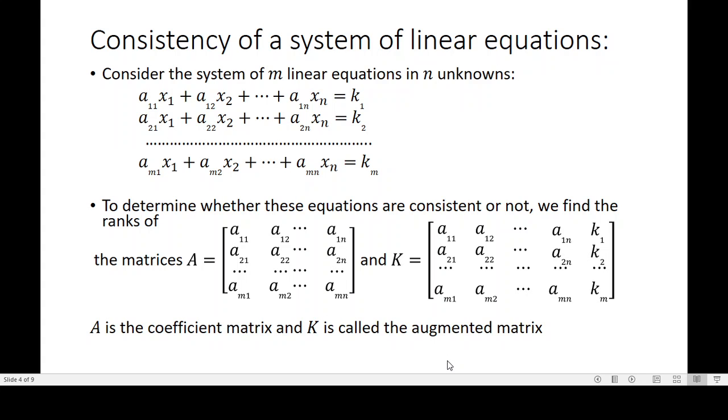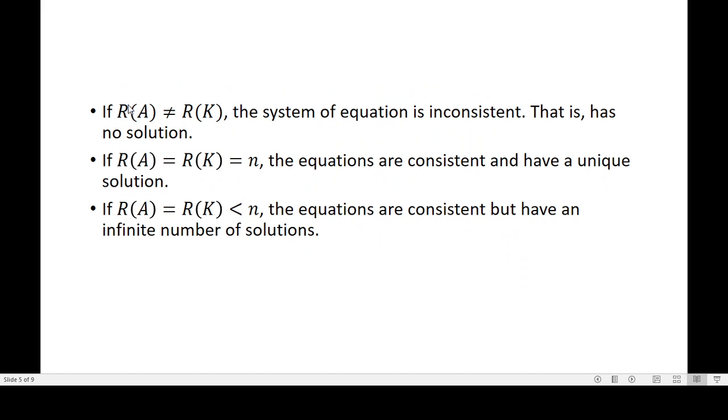So there are three possibilities. If R of A is not equal to R of K, R stands for rank, the system of equations is inconsistent, that is, it has no solution. If R of A is equal to R of K is equal to n, the equations are consistent and have a unique solution, a single solution.